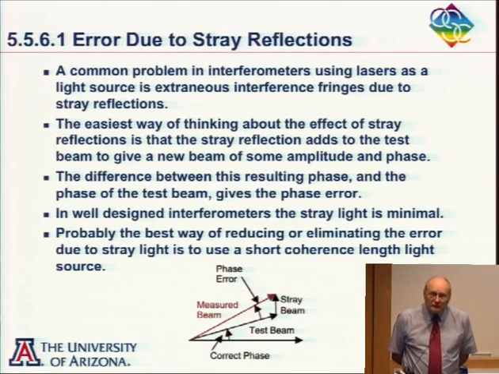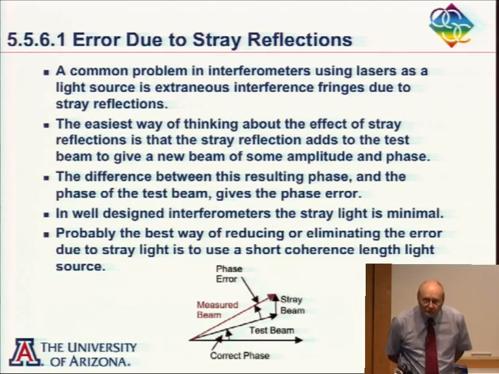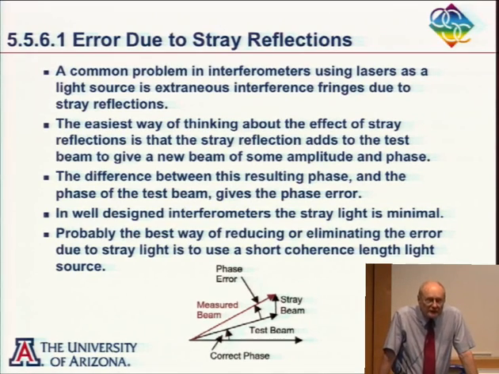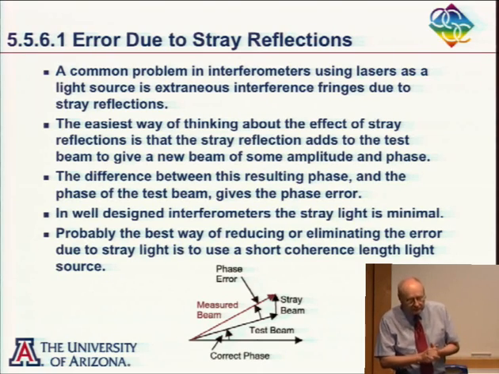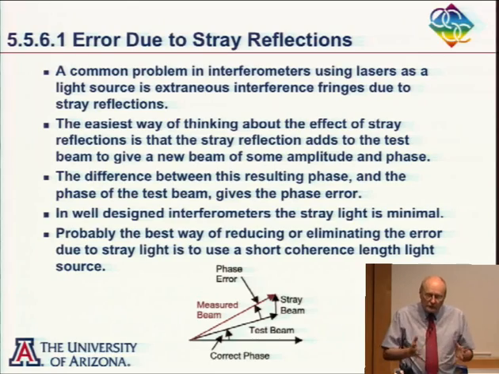And so even if the stray reflection is 1%, intensity-wise, 1% of the test beam, when I do amplitudes, that's 10%. The amplitude is 10%. So you really have to cut down on the amplitude of the stray reflection a lot.